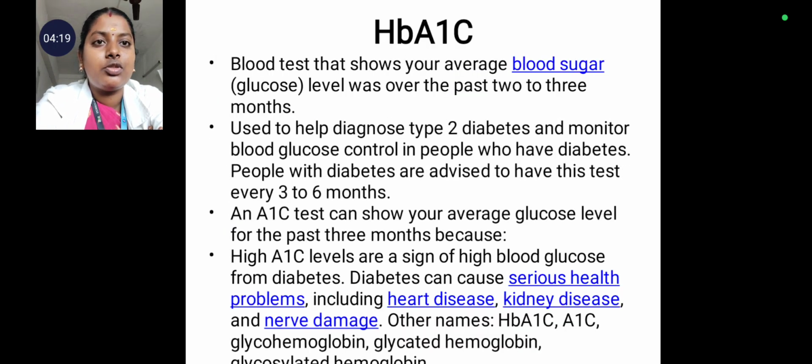So these are the important points from the HbA1c test: you should take the HbA1c test every 3 to 6 months to prevent health problems including heart disease, kidney disease and nerve damage, and these are the alternative names.